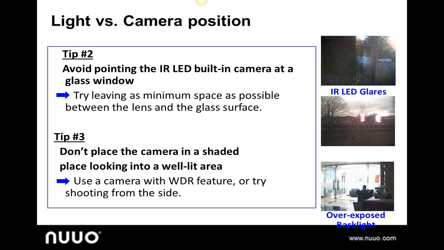It is because the camera is installed in a shaded place, but it's looking directly into a well-lit area. So the image is very overexposed, and the user may not be able to see the faces of the people who come into the lobby.